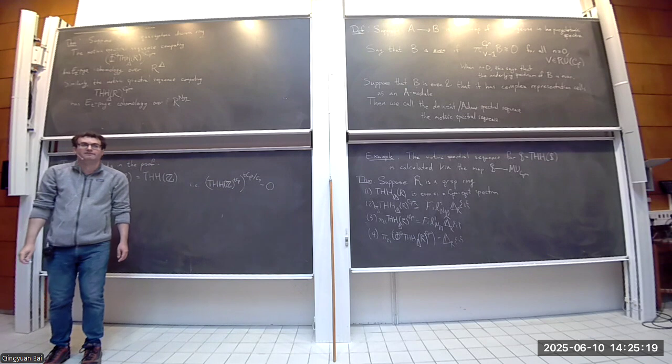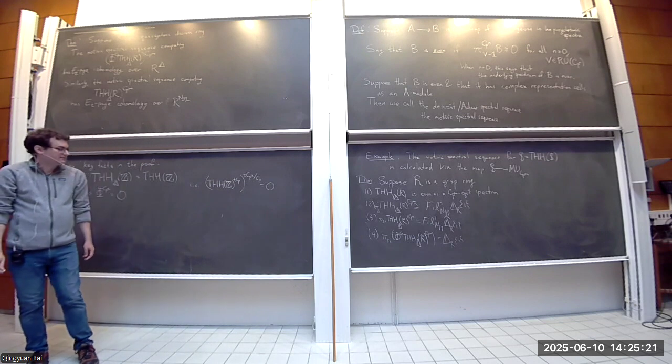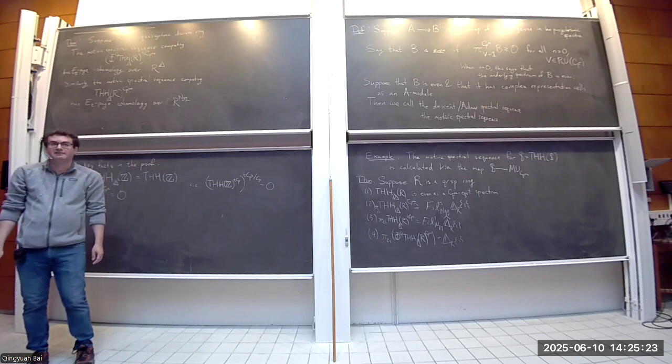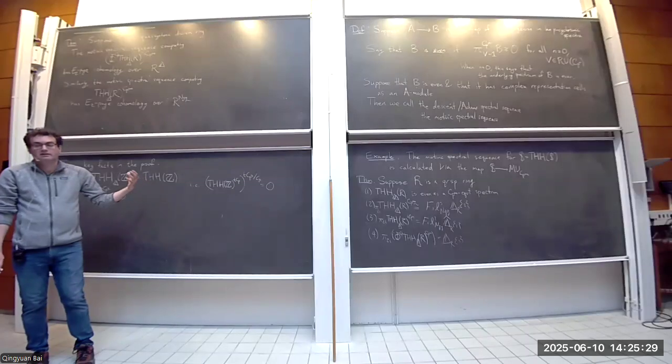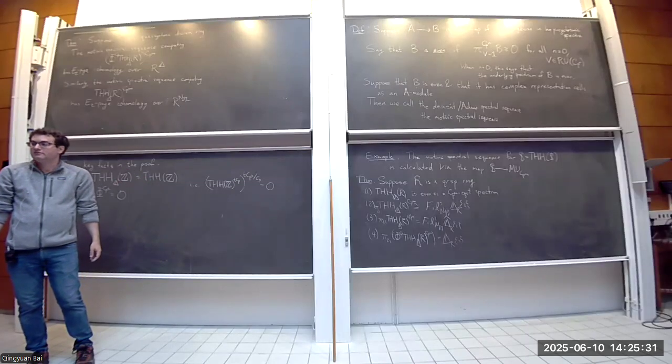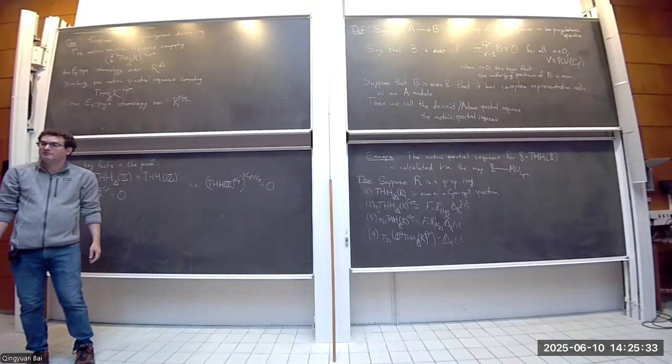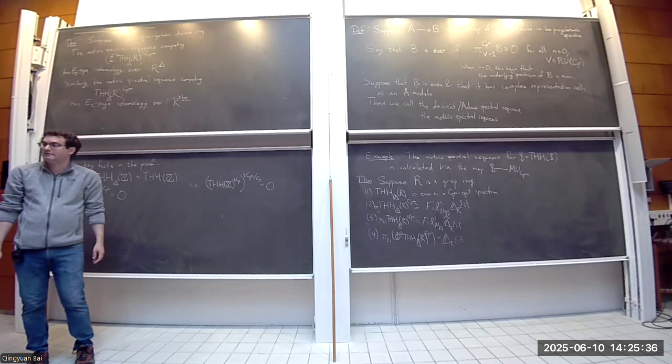And this is just a calculation one has to do. But it's a certain nilpotent statement which very much helps in analyzing modules over THH of Z in this category of lax-free cyclotomic spectra.